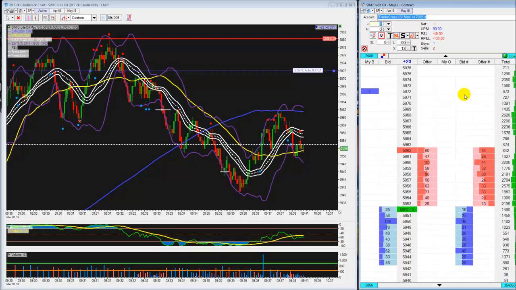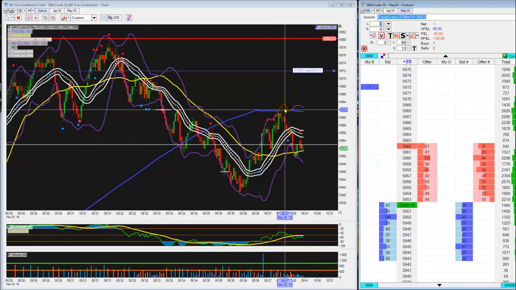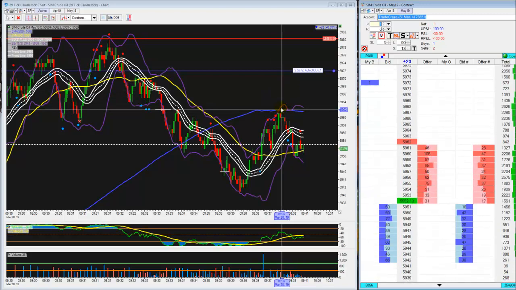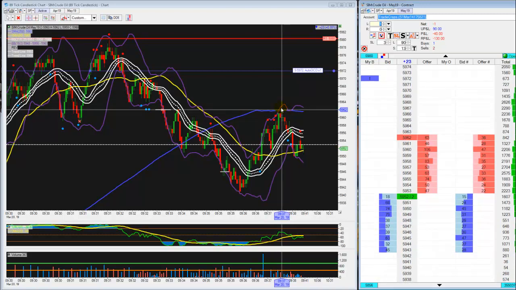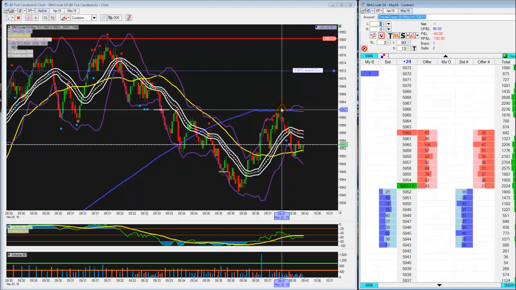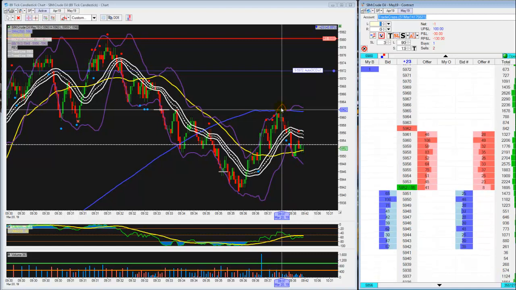What I did is I took the high of this bar and added 10 ticks. That's all I did. Lowering my loss.